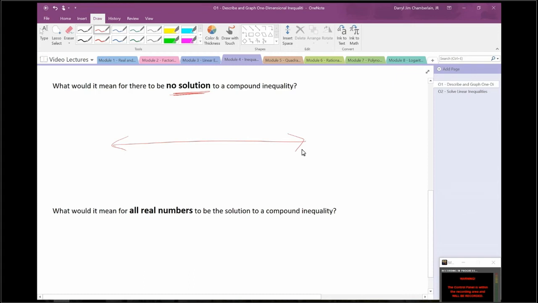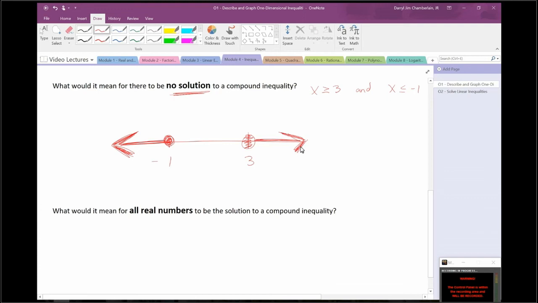So for example, if I have x is greater than or equal to 3, and x is less than or equal to negative 1. If I graph these, x is less than or equal to negative 1, and x is greater than or equal to 3.